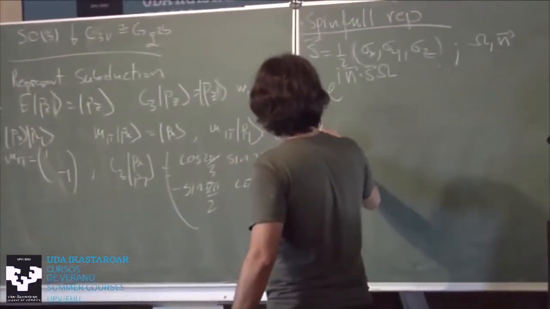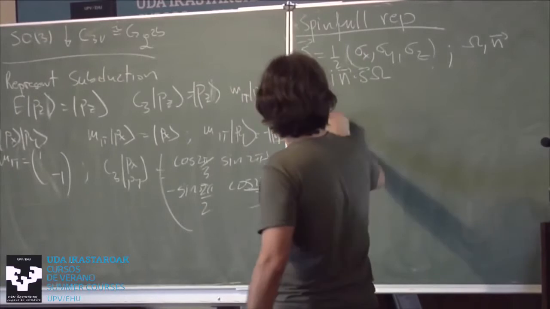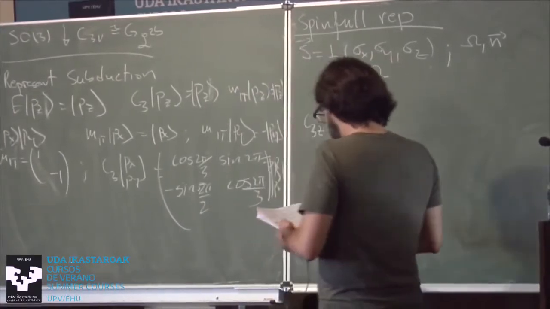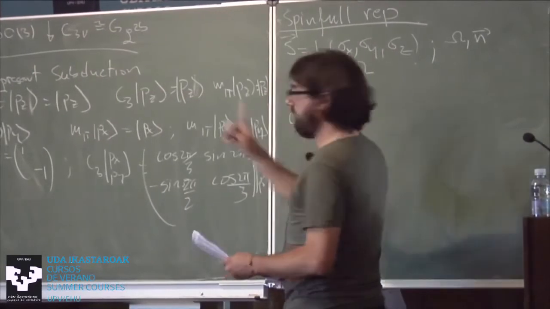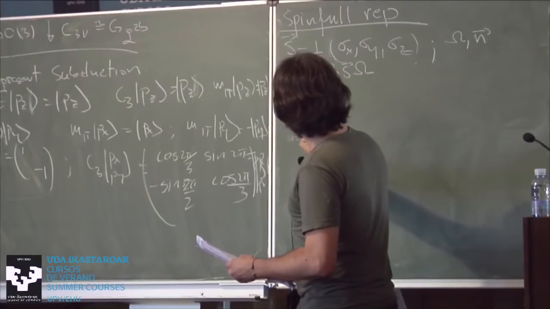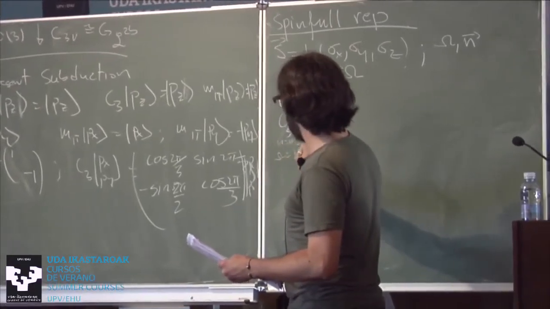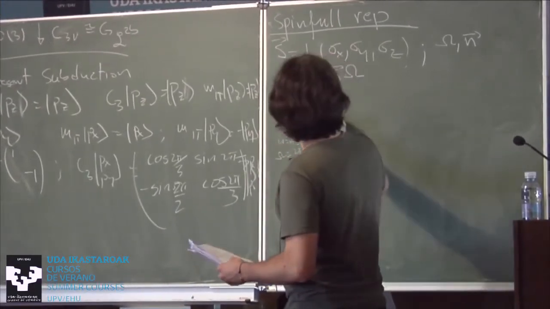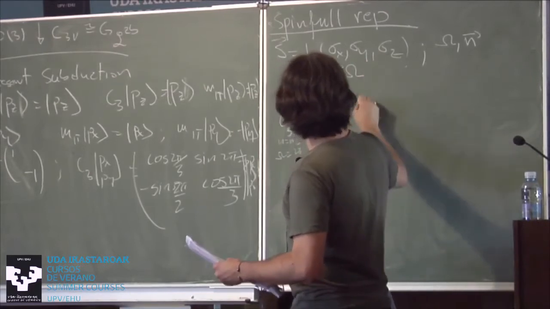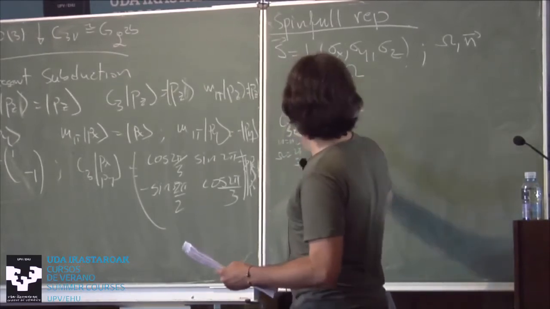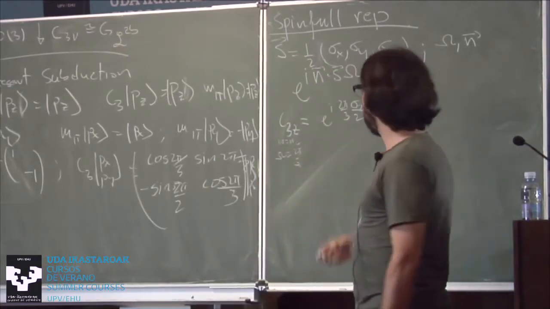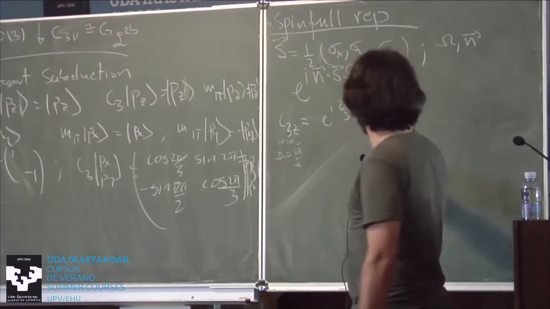C3z for pz orbitals. I have a rotation which is around the z-axis, so n is nz, and omega is 2 pi over 3. Okay? So this is e to the i 2 pi over 3 times sigma z times this 1/2. That's the C3z representation.